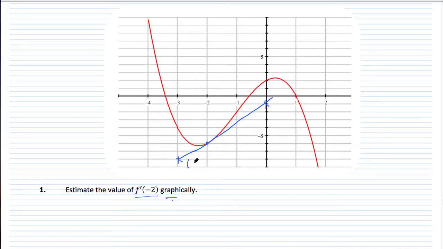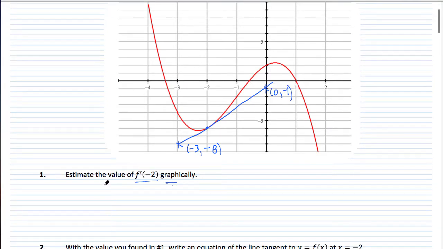Those 2 points will be, in this case, negative 3, negative 8, and 0, negative 1. I'm going to estimate the slope at that location. So f prime of negative 2, which is equal to the slope at x equals negative 2, is going to be calculated as change in y over change in x.